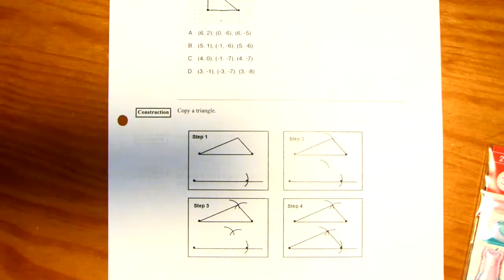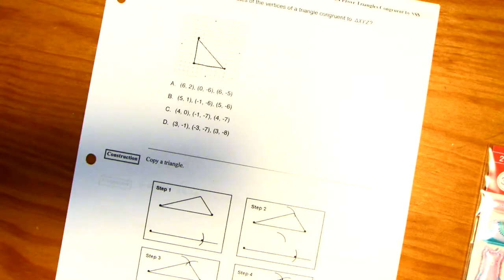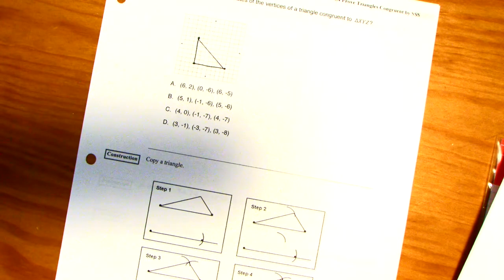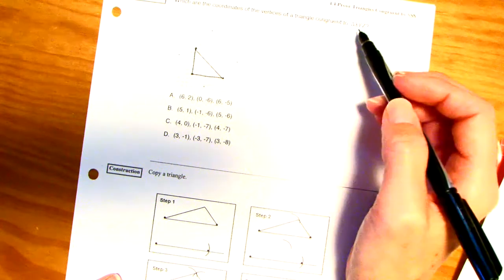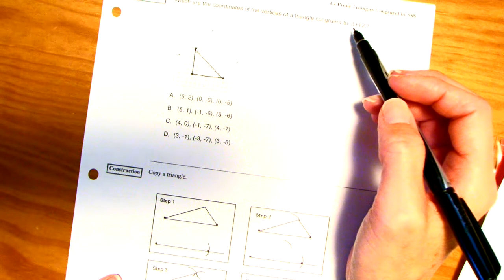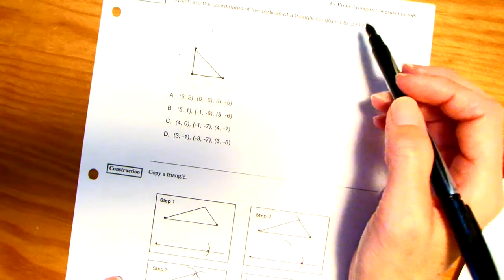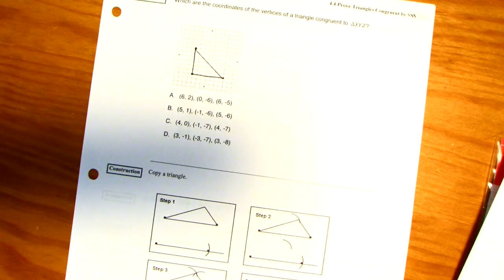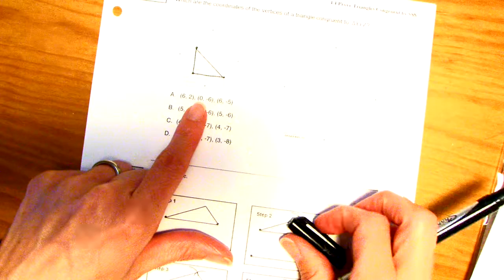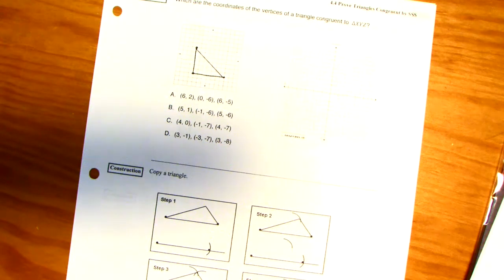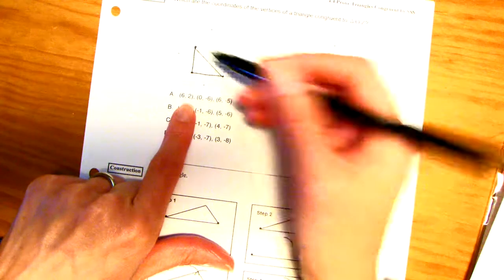Okay. Next one. There's a lot going on here. Which are the coordinates of the vertices of a triangle congruent to XYZ? What I did was I took every set of ordered pairs, I drew them out, and tried to see if they were the same as this one.